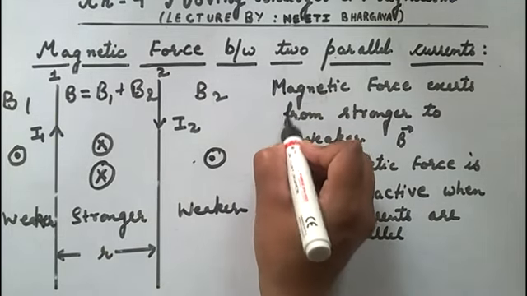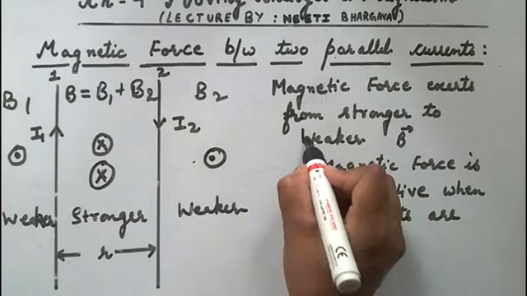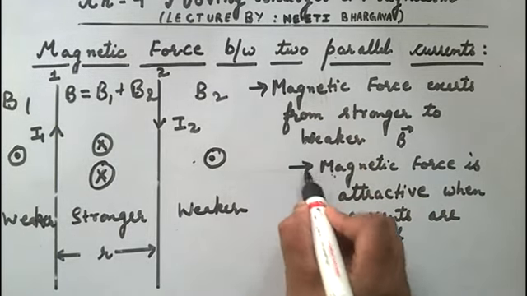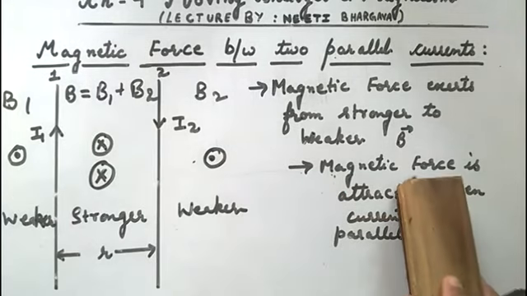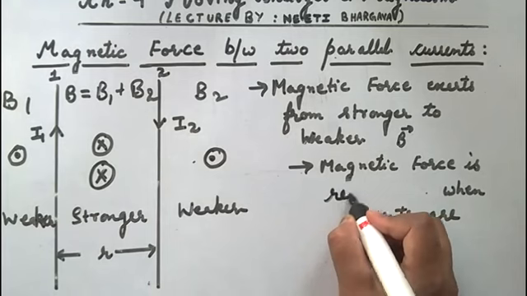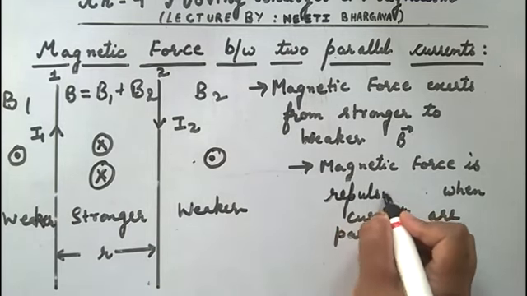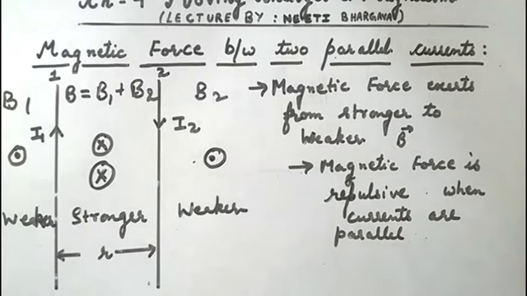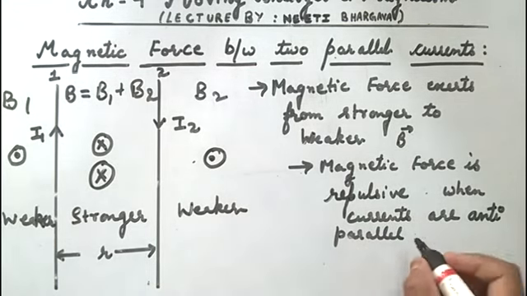Here the magnetic force is repulsive. And magnetic force is repulsive when currents are anti-parallel.